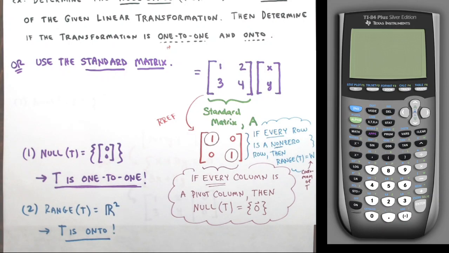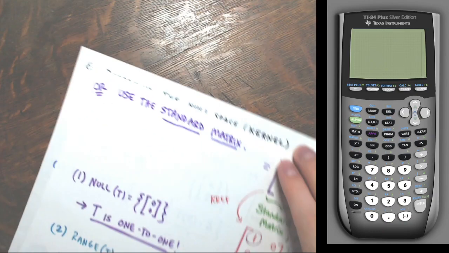And then, is the null space just the set with the zero vector? Basically that is asking the same question as, is every column a pivot column? And is the range equal to the codomain? Is it onto? That is the same as asking, is every row a non-zero row? Right. Okay, so same. So next example.